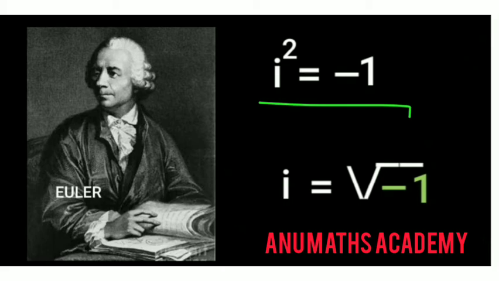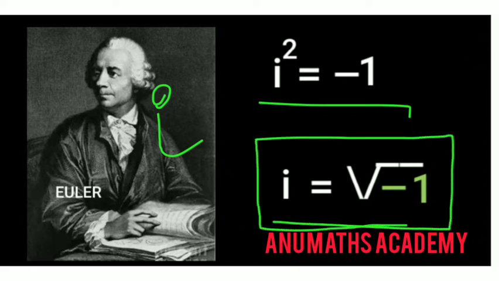We call this i, or simply iota. i square equal to minus 1. What about i? i equal to square root of minus 1.